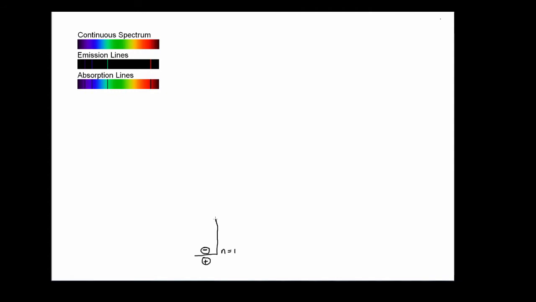So the next energy level up from the electron will be here, and we're going to call this N equal 2. An N level being simply an allowable energy state for the electron. All right, and the next one up we're going to call N3.